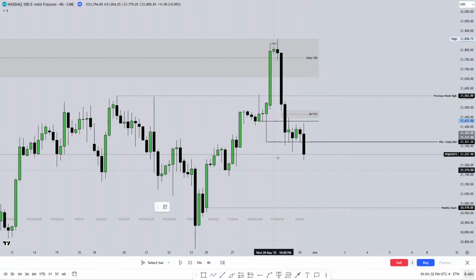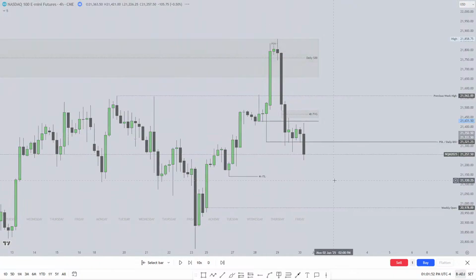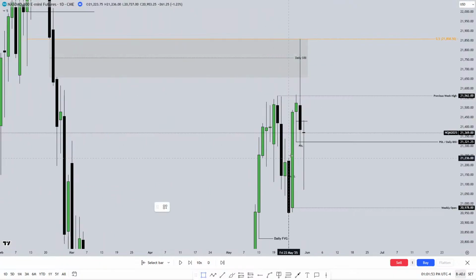So you could see something like this, tap the 4 hour order block and then go lower and hit this right here. Why is that important? Because that's an intermediate term low on the 4 hour. But we're also in this daily BISI in this area here. And I can mark that out just so we can see the area we're playing with and this order block.